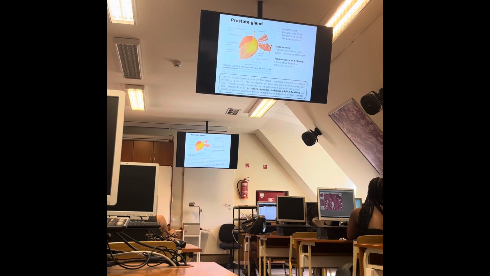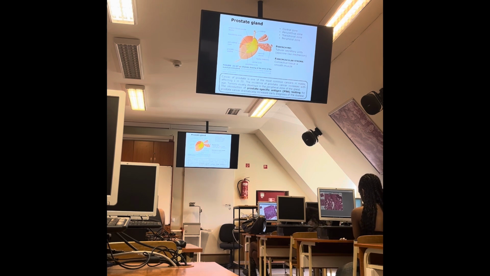The urethra we mentioned earlier, the prostatic part of the urethra, is going through the prostate gland. It will receive the secretions of the tubular glands of the prostate, and also the ejaculatory ducts, which I mentioned, also travel through the prostate and then eventually open into the prostatic urethra.